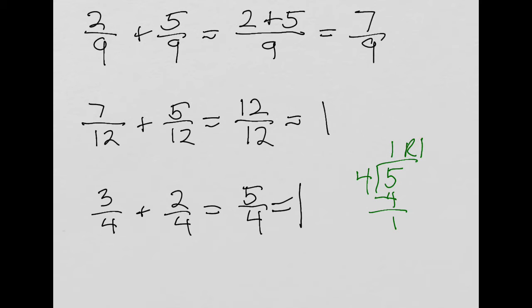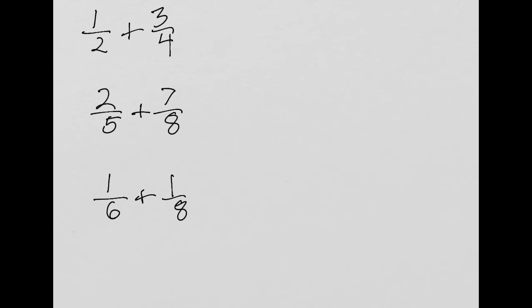The remainder becomes the numerator of my fraction, and the number that I was dividing by becomes the denominator of my fraction. So that's 1 1/4.